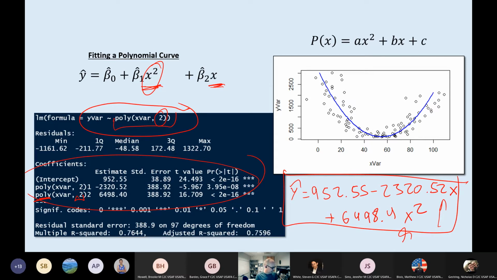I'm going to say summary, lm, and I'm going to say mtcars$mpg tilde, and then I'm going to say poly, let's say horsepower to do.